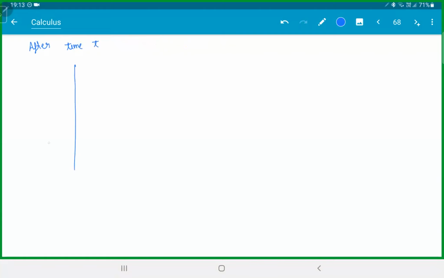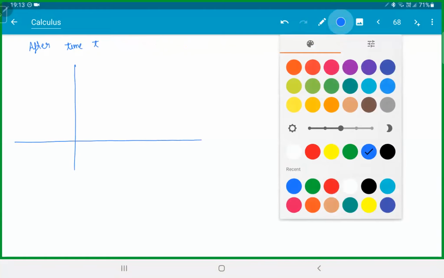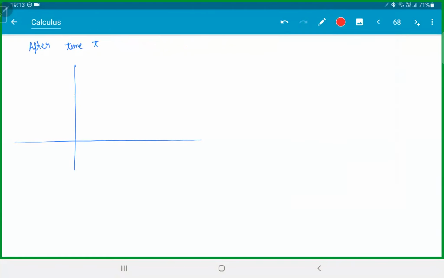After time t, if you look at the coordinates, what will happen? B would have traveled somewhere here. This will be 0, d minus ut. Agreed? This guy must have traveled ut distance. Similarly, this also must have traveled ut distance.